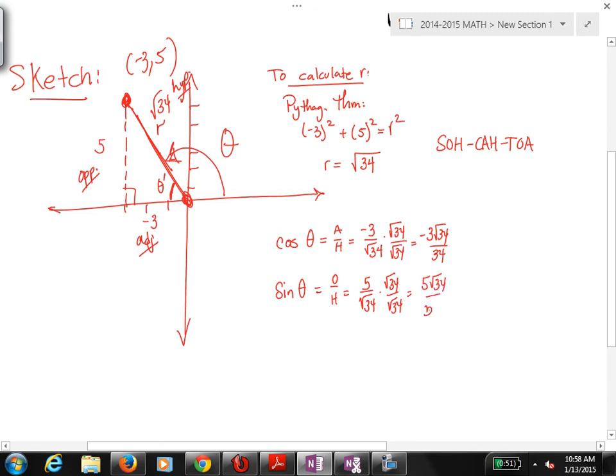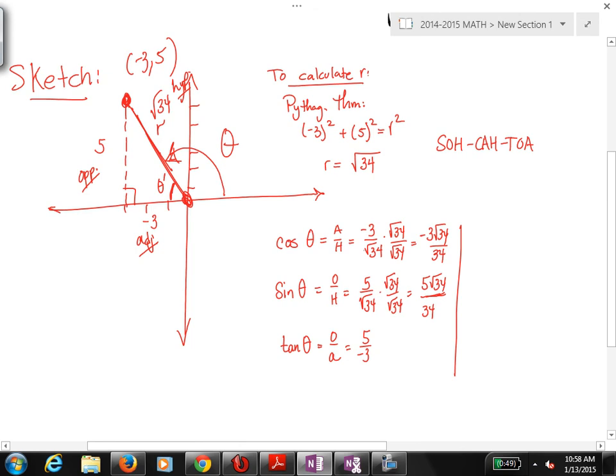The main thing is that you understand the signs, whether it's going to be positive or negative, and just base it on the picture, however you sketched it out. Tangent is what? And in this picture, opposite is 5, adjacent is -3. So just be careful that you leave a sign associated with each one.